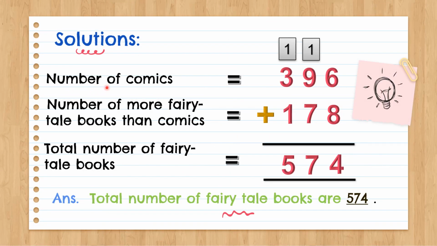First write the number of comics, that is 396, and you know the number of fairy tale books is more, 178, than comics. So when we add this number to 396, we will get the total number of fairy tale books. So total number of fairy tale books are 574. We will add, and at last you will write the answer. Total number of fairy tale books are 574.